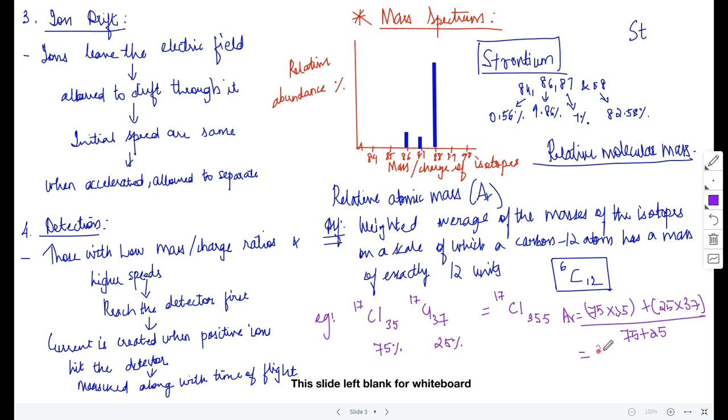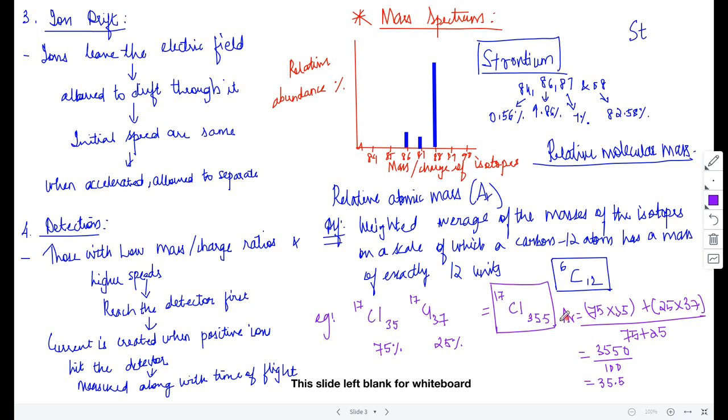The value comes to 3550 divided by 100, which gives me 35.5. So at the end we use this value. You understood what a relative atomic mass is?